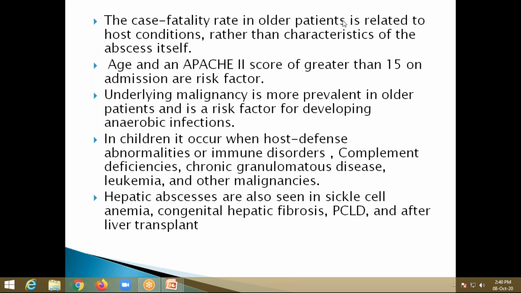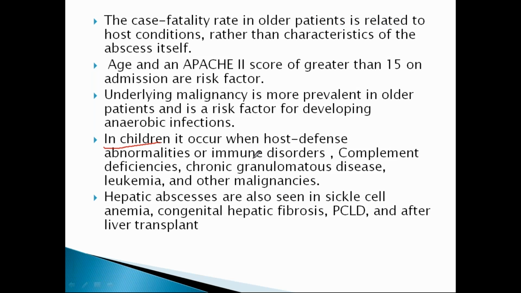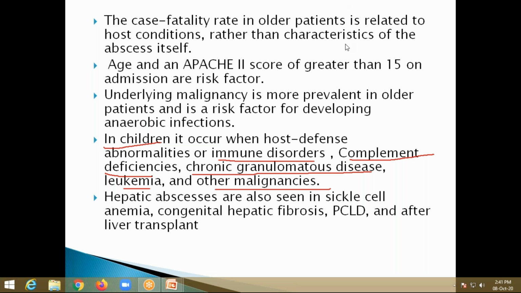Very young it doesn't occur usually. If it is happening in the young, you have to look for these things: immune disorders, chronic granulomatous disorders, complement deficiencies, leukemias, malignancies. If a child is frequently getting affected by viral or bacterial fever, mainly bacterial rather than viral, think of chronic granulomatous diseases, immune disorders, nutritional disorders, malignancies, complement deficiencies.